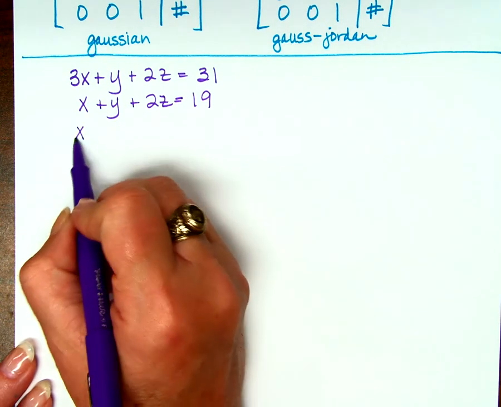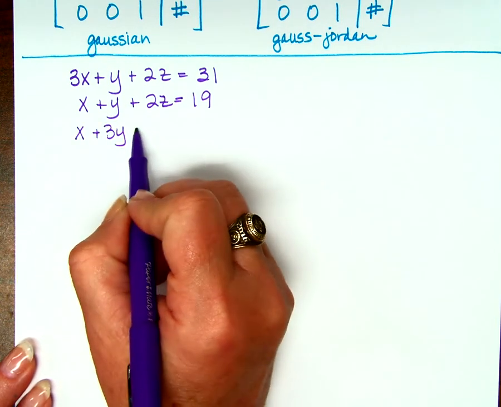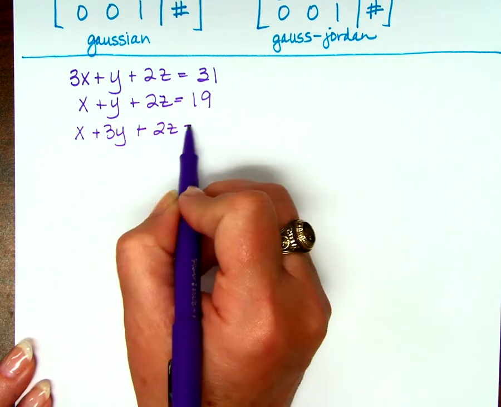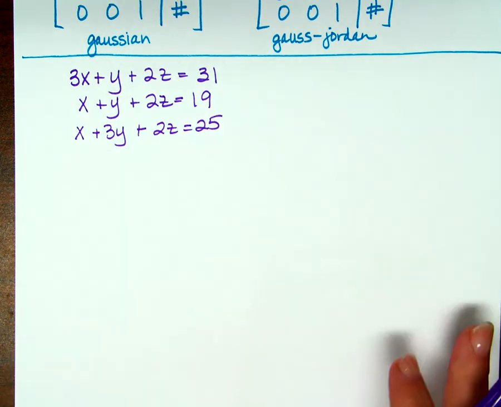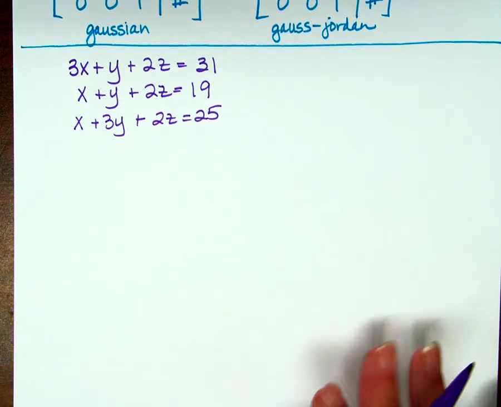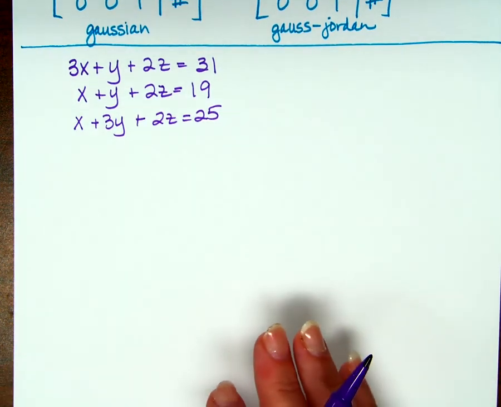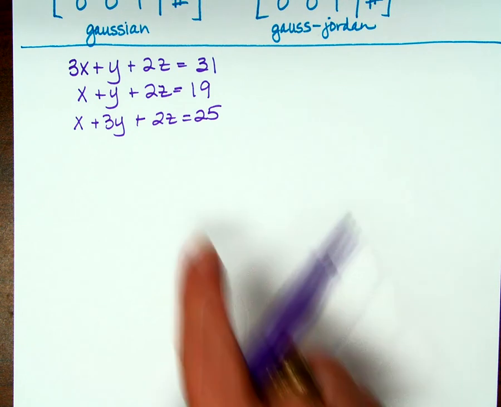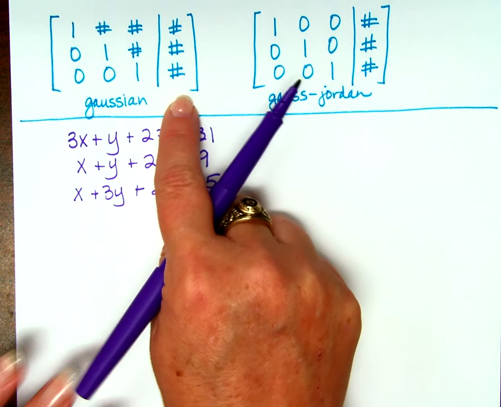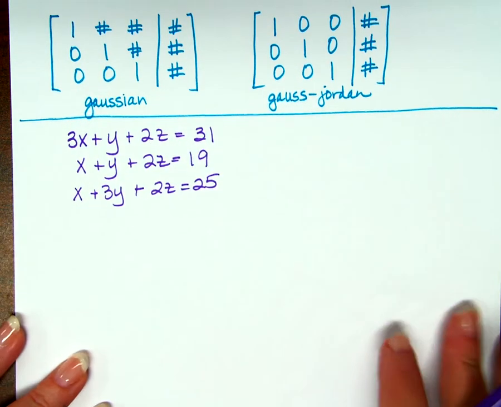And x plus 3y plus 2z equals 25. Okay, so let's try to solve this one to just Gaussian. Let's get zeros down here and a diagonal of ones.